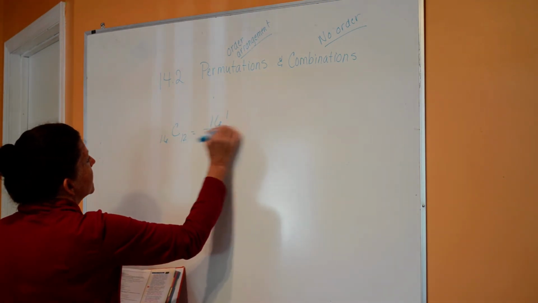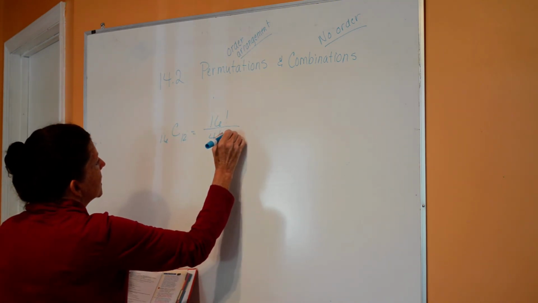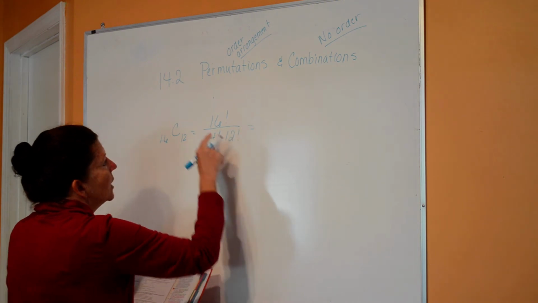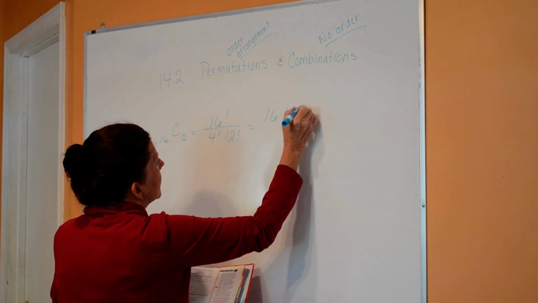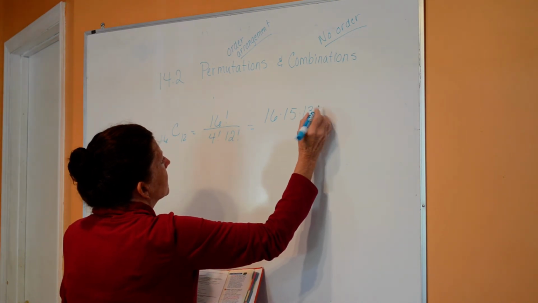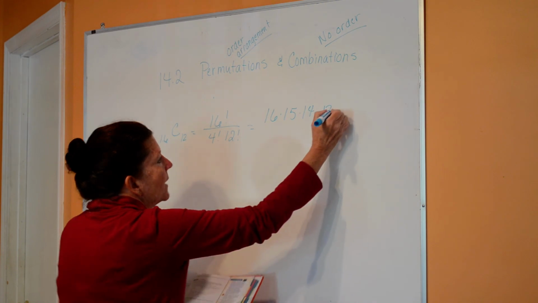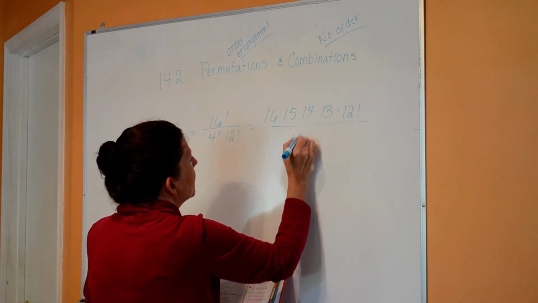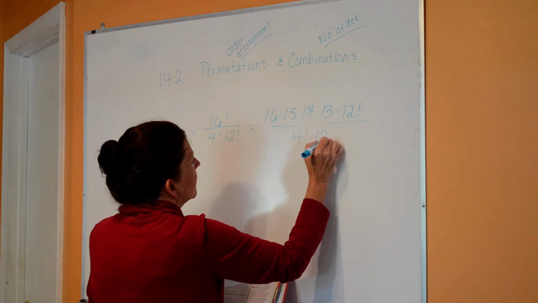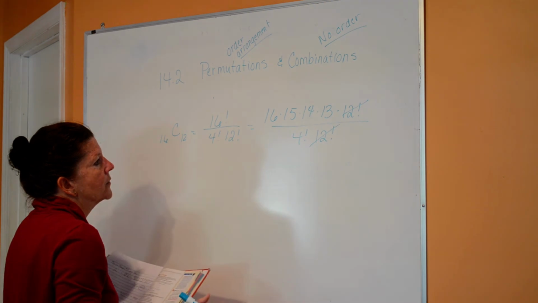16 factorial on the top, 4 factorial, because that's the difference between those, times 12 factorial. Well, I know here I've got 16 times 15 times 14 times 13, and then it would be times 12 factorial, which on the bottom, remember I have 12 factorial, because I just didn't want to write it all out, so that'll work.